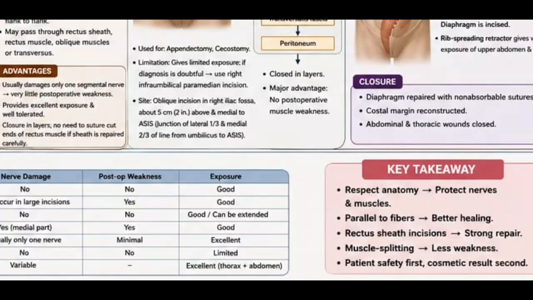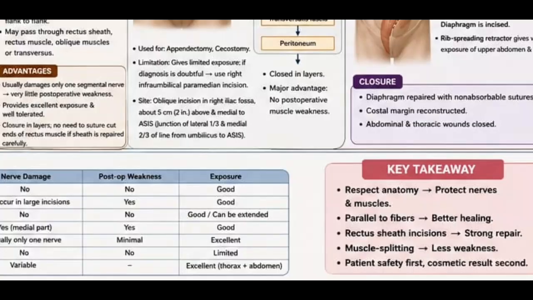Remember, the McBurney's or muscle splitting incision is used for appendectomy. The fourth question is: which incision provides the strongest repair? The answer is the paramedian incision, because the rectus muscle and its nerve supply are preserved in that case, and the rectus sheath is repaired separately.